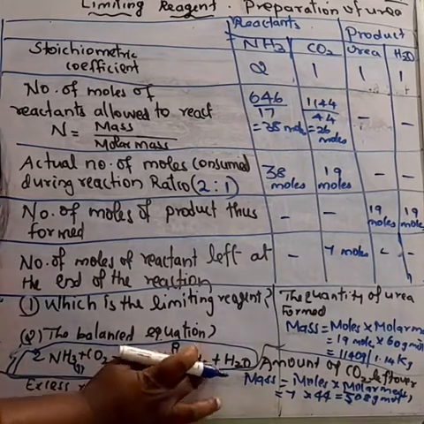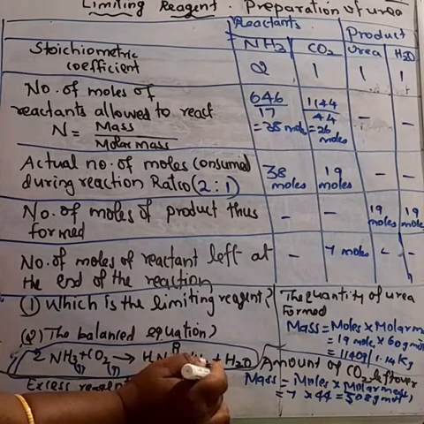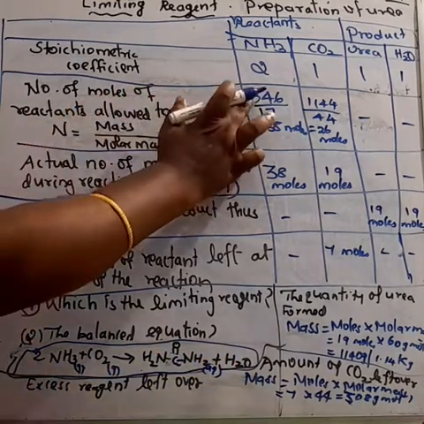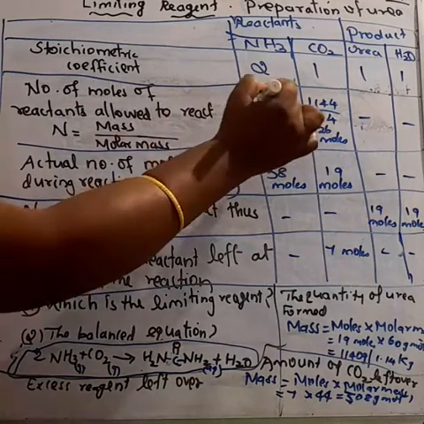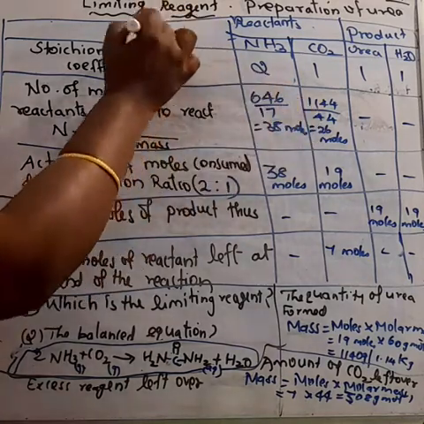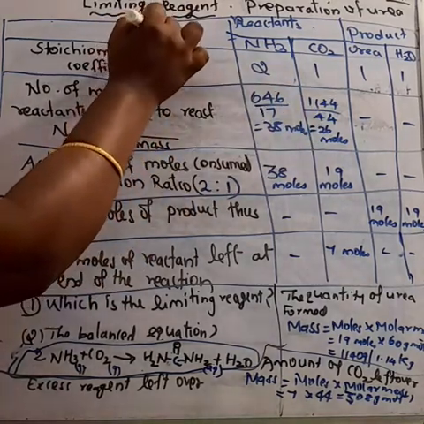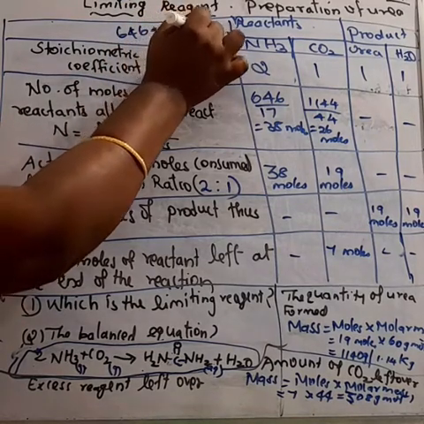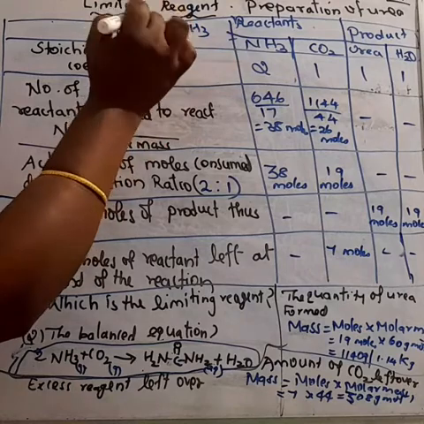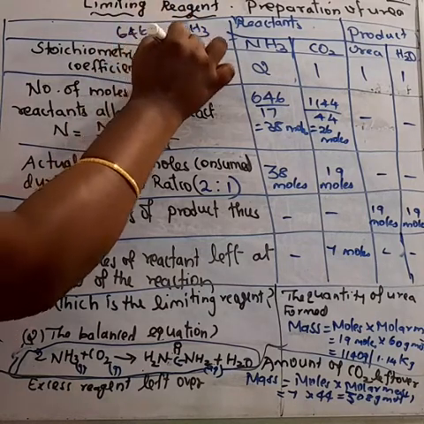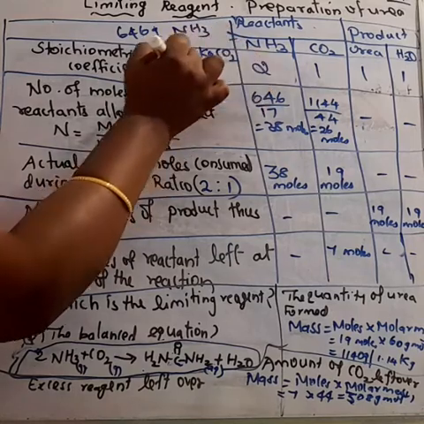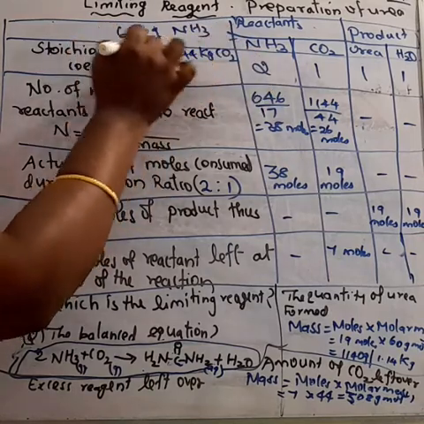In this process, 646 gram of ammonia is allowed to react with 1.144 kilogram of carbon dioxide to form urea. How much weight are they taking? 646 gram of ammonia with 1.144 kilogram of carbon dioxide. So what are the questions they are asking here?